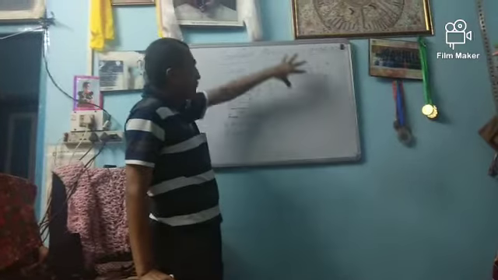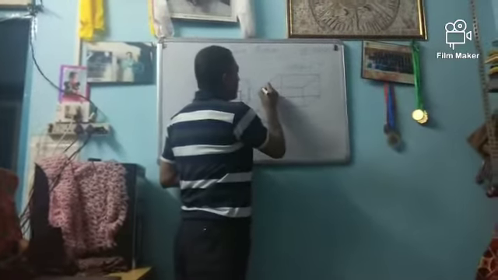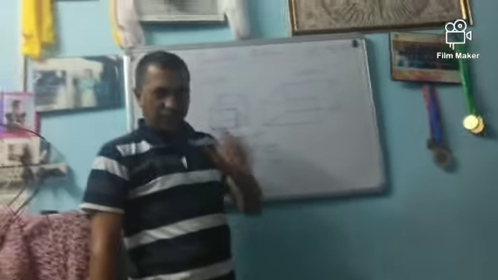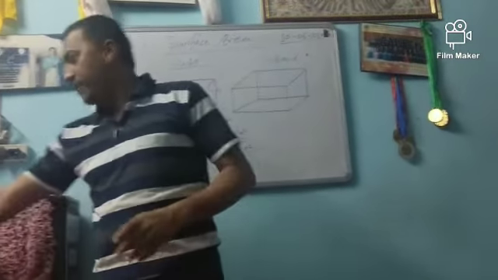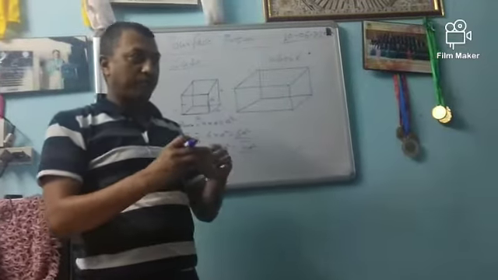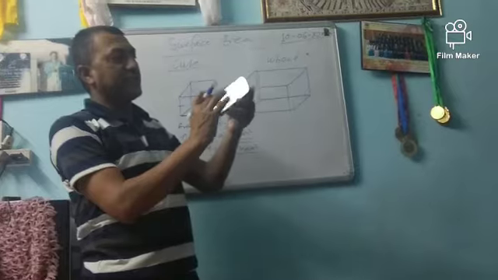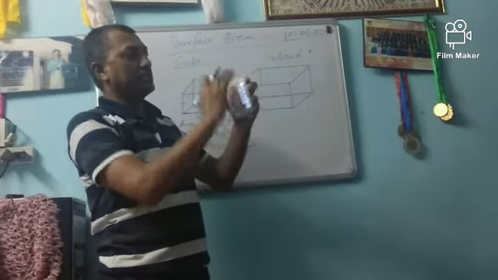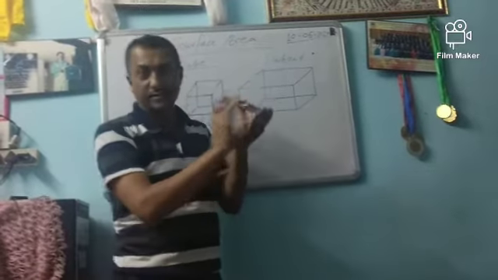Let us talk now about the cuboid. If you see a cuboid, like a matchbox, or the duster in your classroom, or a mobile, these are simple examples of a cuboid. See how many faces are there: 1, 2, 3, 4, 5, and this part is 6.